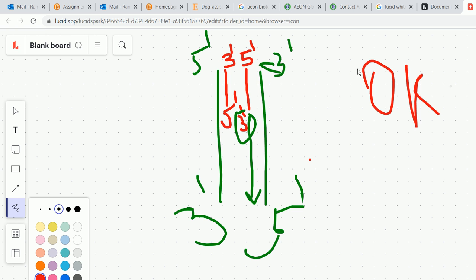Okazaki was a Japanese scientist who actually discovered this process. He is the one who found out that the opposite strand of the DNA is made in fragments, and these fragments were called Okazaki fragments.